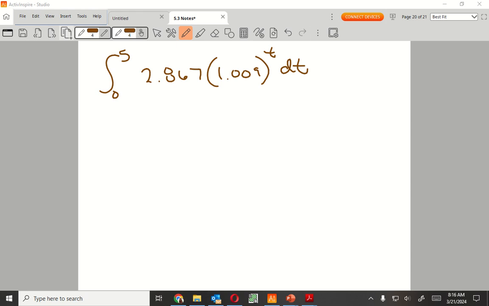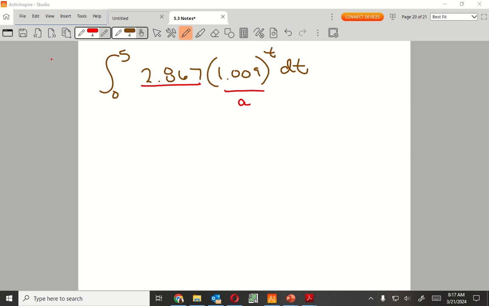Okay, good. So now, in this one right here, 2.867 is going to be referred to as a constant. It's a constant multiple. It's just multiplying what I have as my variable or my exponent. So as I take the derivative, 1.009 is going to be referred to as my a in the formula that I showed you, which is a to the t.